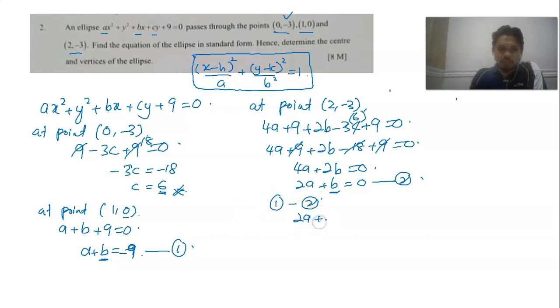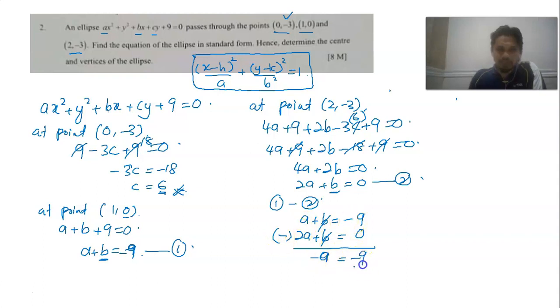So a plus b equals negative 9, minus 2a plus b equals 0. b minus b equals 0. a minus 2a is negative a.